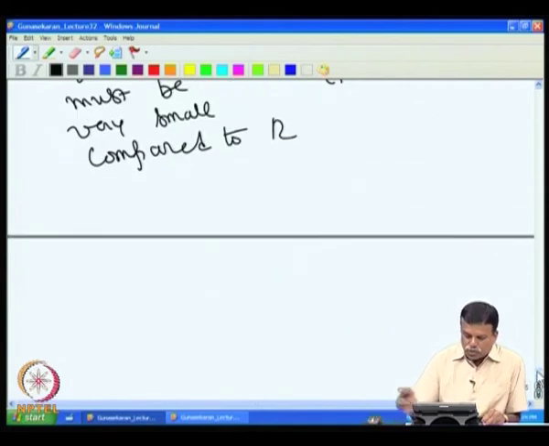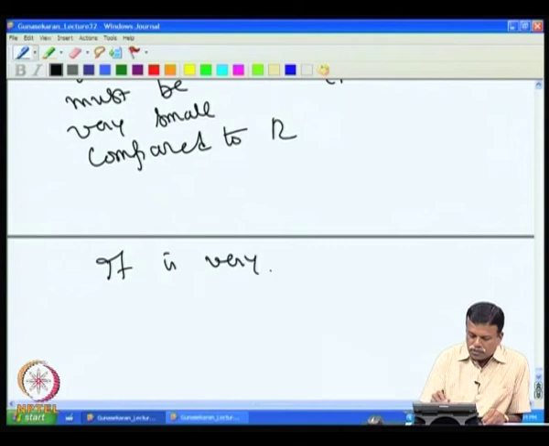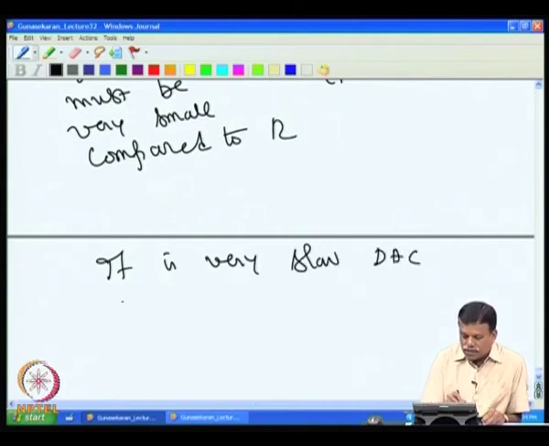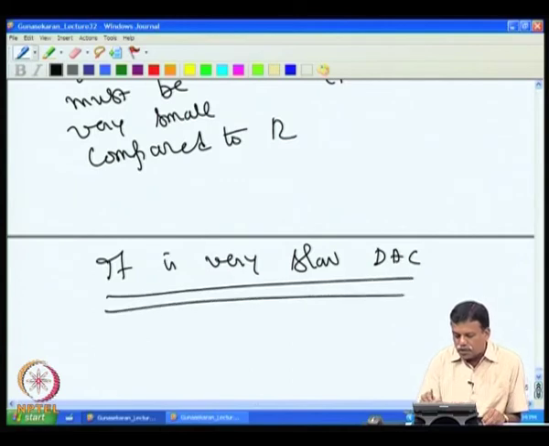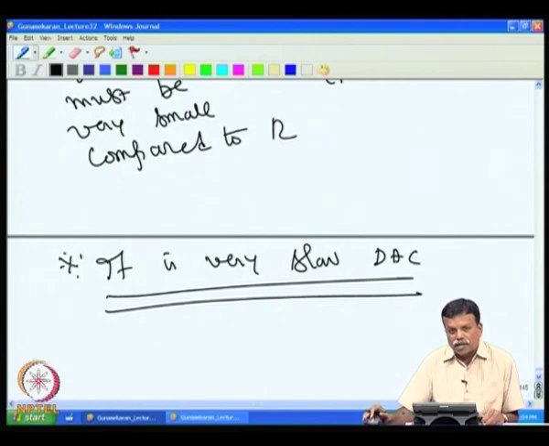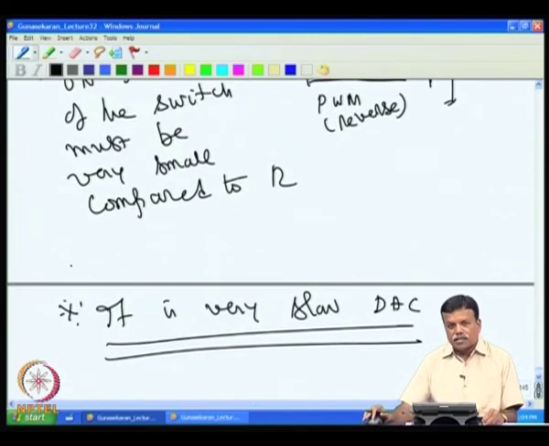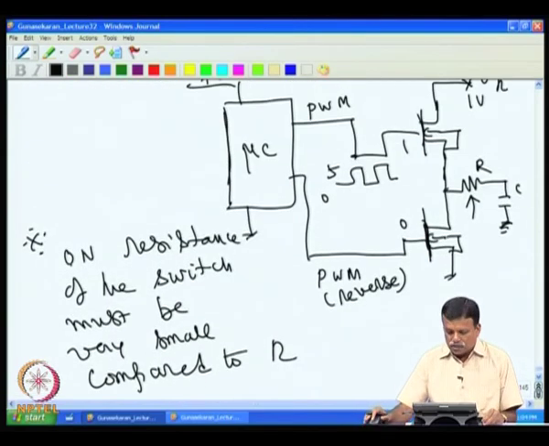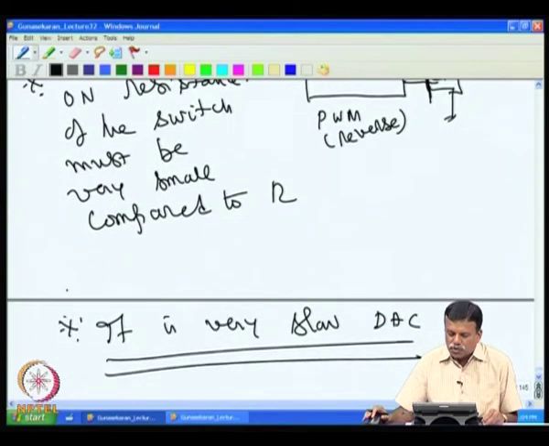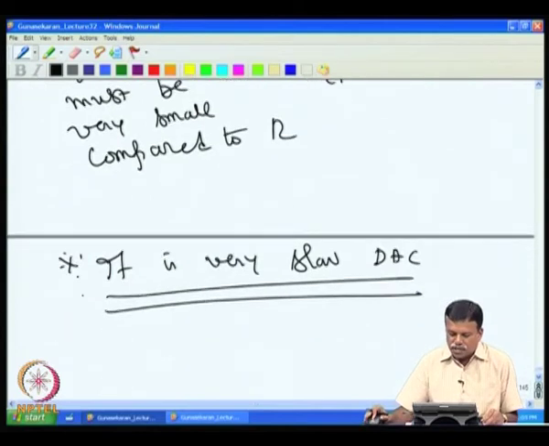It is a very slow DAC. That is the main disadvantage of this, because you have to wait so much time for averaging to take place, so the response is very slow. In some applications where speed is not a criterion, this is a good choice because it is very simple.